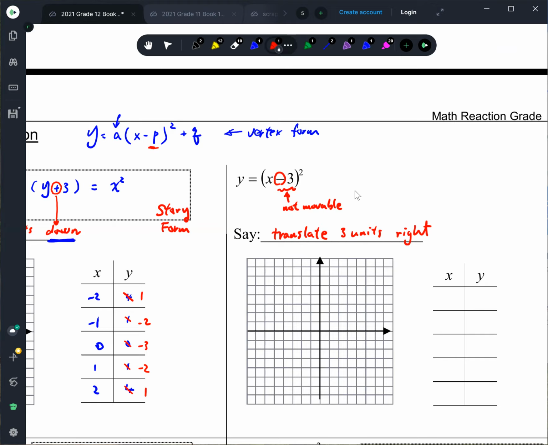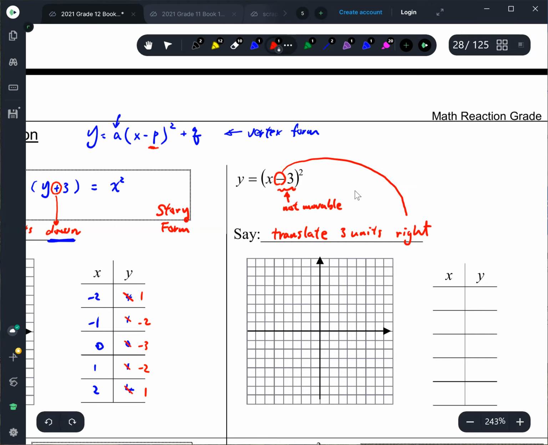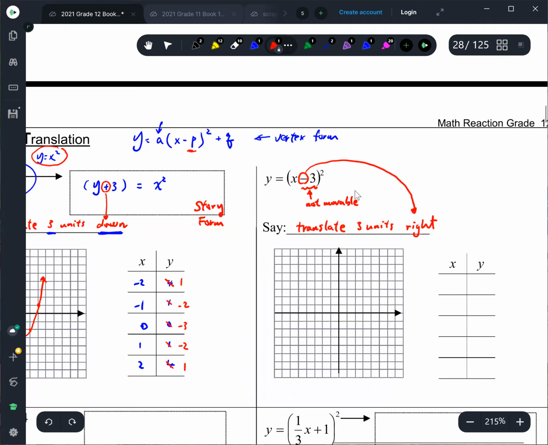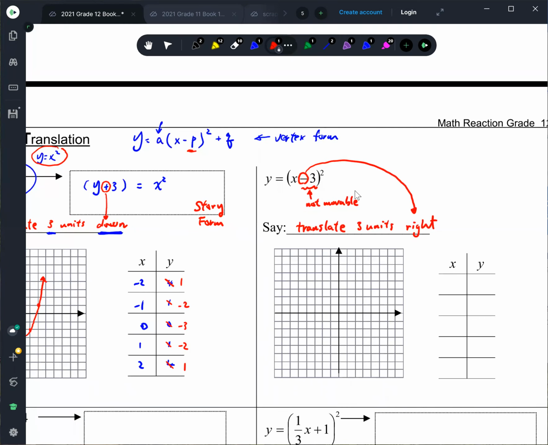So if it's minus, it'll be moving to the right. It's going to affect your x value. So all your x needs to move to the right. Moving to the right, it gets bigger. So all your basic graph points, let's write out the basic points again.